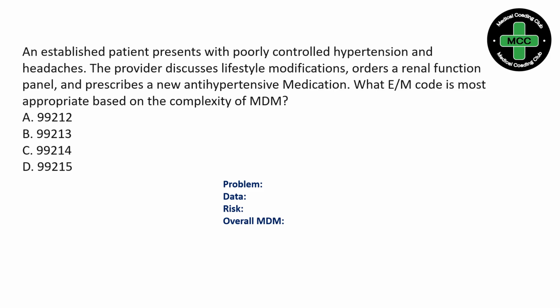The problem is poorly controlled hypertension and headache, and the provider discusses lifestyle modification, orders a renal function panel, which is going for data, and then finally our risk is the treatment plan, antihypertensive medication. Okay, so we got a problem, a data point, and a risk. So let's see what will be our overall MDM with the rationale. So options you can see 99212, 213, 214 and 215 since the patient is an established patient.